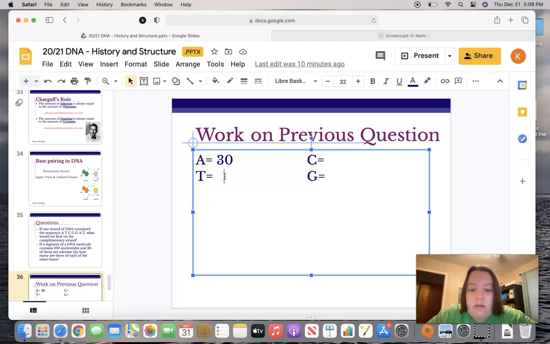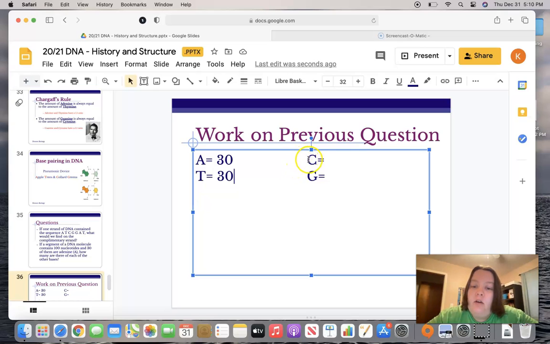Chargaff's rule states A equals T. So if I know A is 30, then I also know that T is 30 because A equals T. And I have 100 total. So I'm going to take away my 60. This is 60 total. So out of my 100, 100 minus 60 gives me 40. So I have 40 left, 40 of my 100.